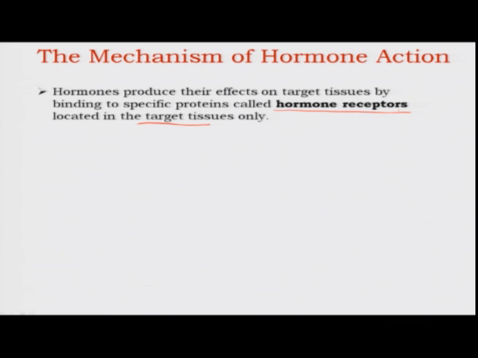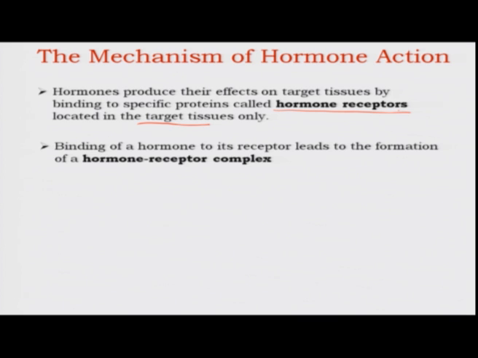particular hormone. Now, the binding of the hormone to its receptor leads to the formation of what is known as a hormone receptor complex. So, if this is the receptor molecule present on the plasma membrane of the cell, the hormone comes along and binds to the receptor specifically, does not bind to any other protein present on the cell or any other cell, and together this is known as the hormone receptor complex.